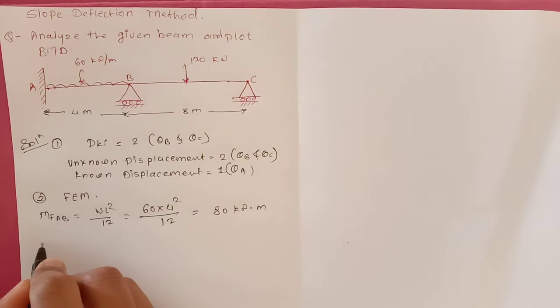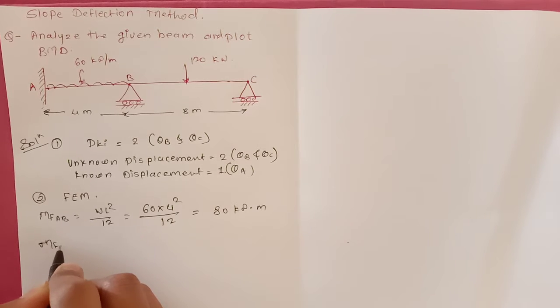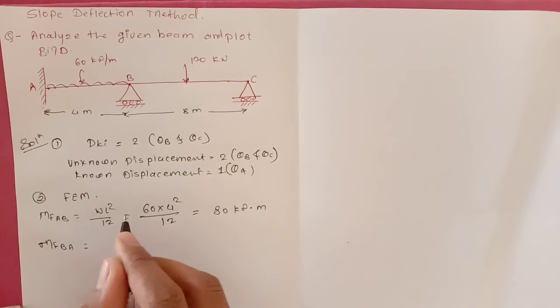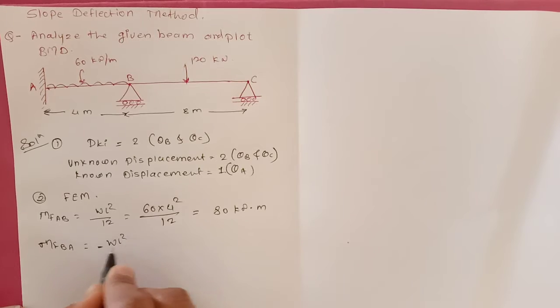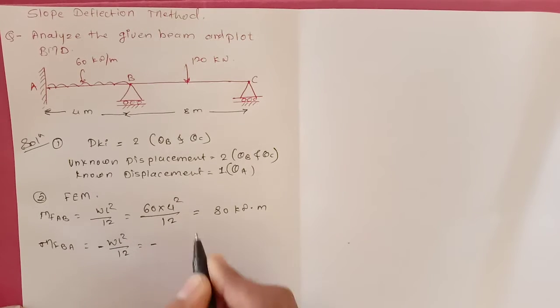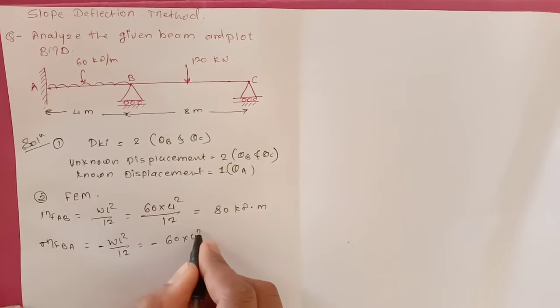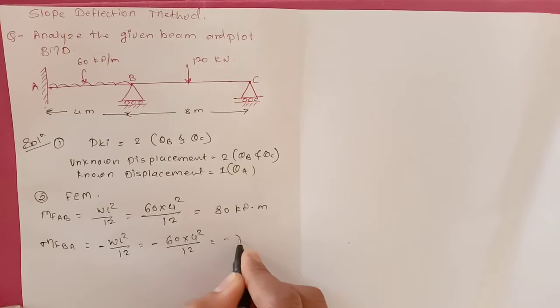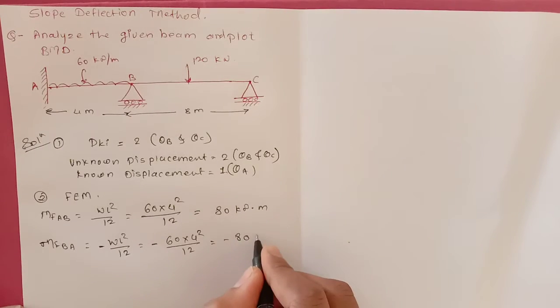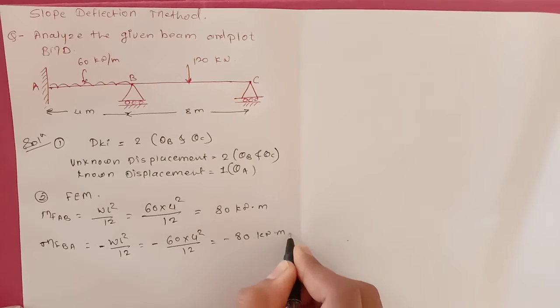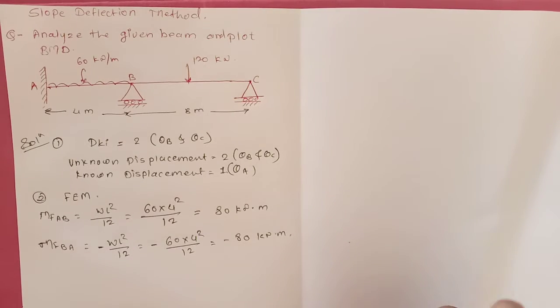Then the fixed end moment for member BA, formula is minus WL square divided by 12. The same value, only the sign is changed, so the answer is minus 80 kilonewton meter.